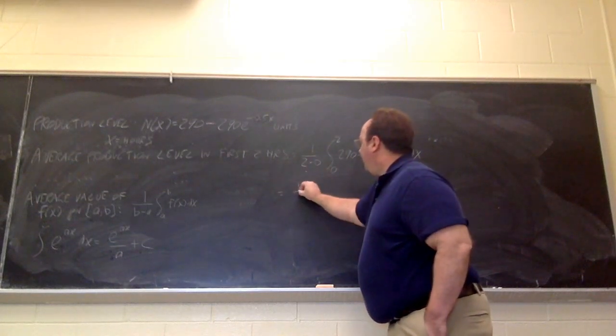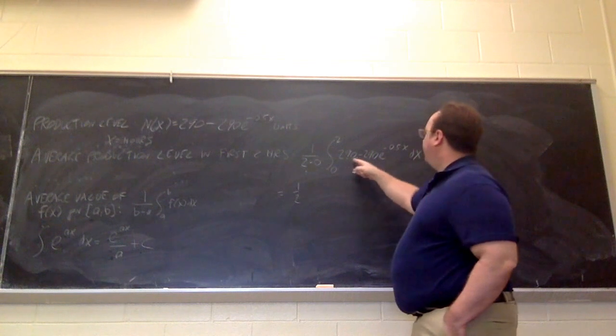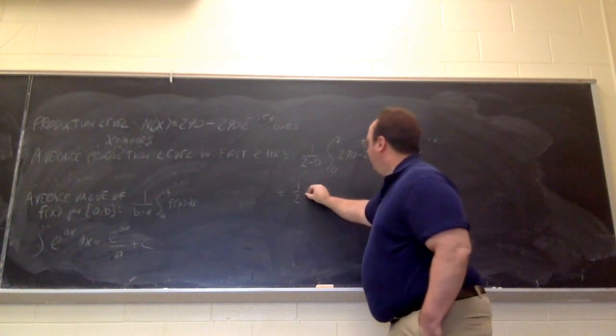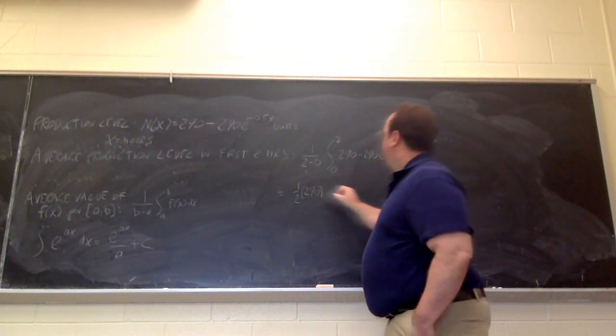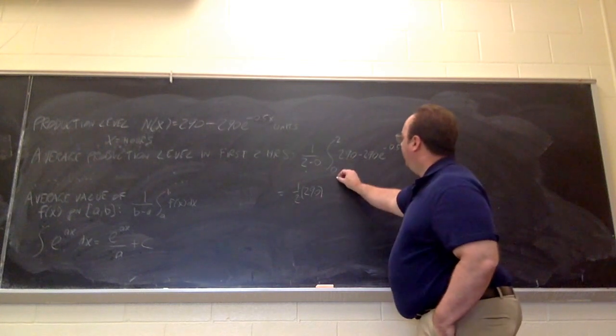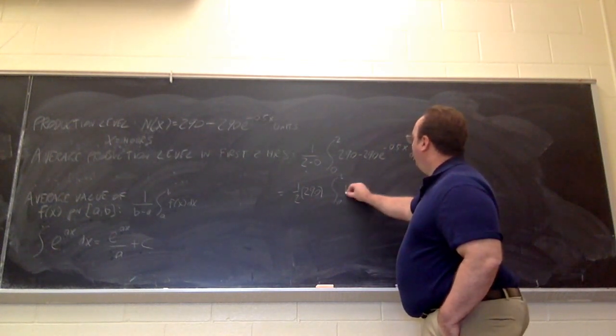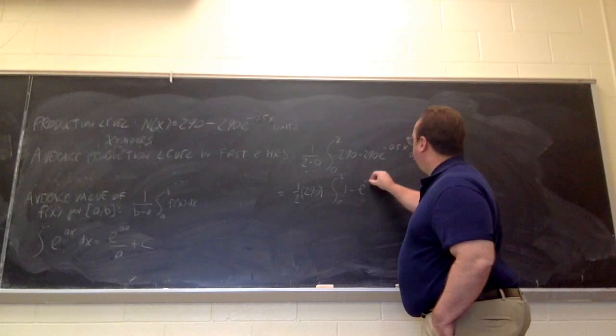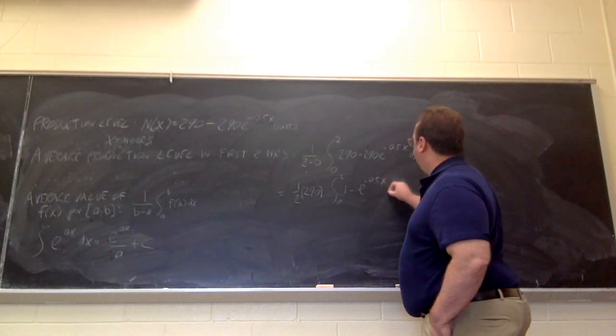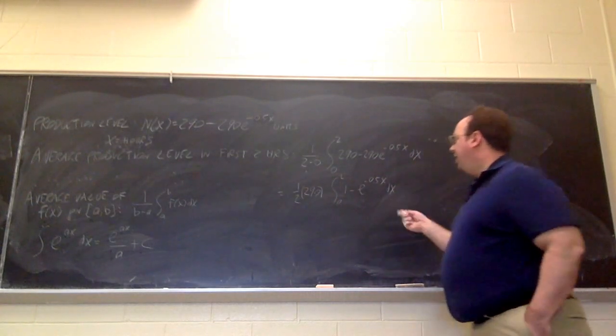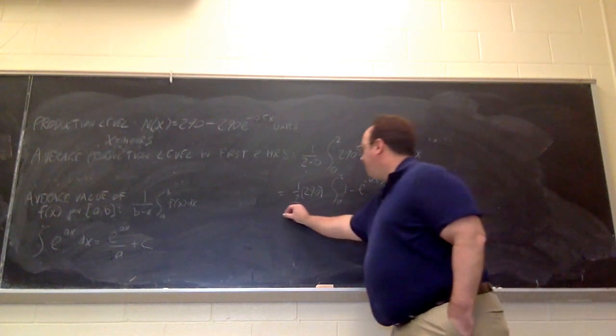So we have 1/2 up front, and then I'm going to factor a 290 out of all of this. And then we have the integral from 0 to 2 of 1 minus e to the minus 0.5x. Okay, 290 divided by 2 is 145.